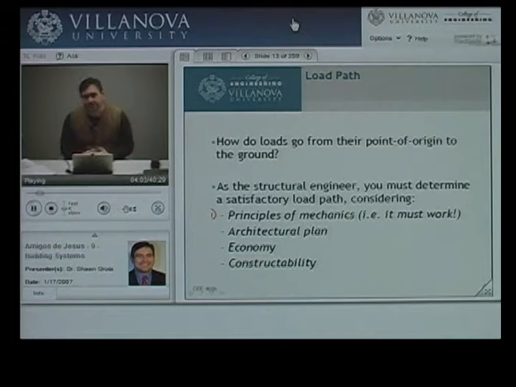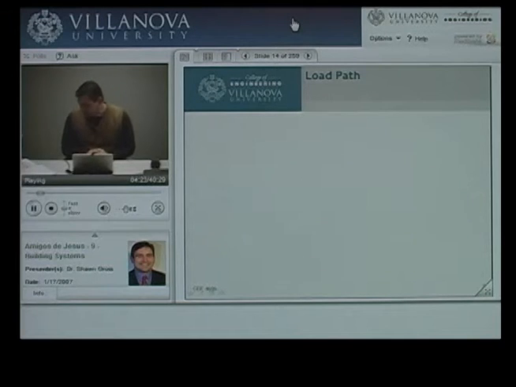Obviously, economy. We want to try and do it in an efficient way that doesn't waste our resources and our financial considerations. And then finally, constructability. All 3 of those being very important for different reasons. Constructability basically reflecting the fact that it can't just be a paper design. We have to actually implement it in the field.